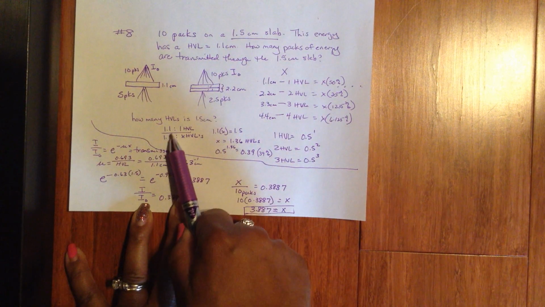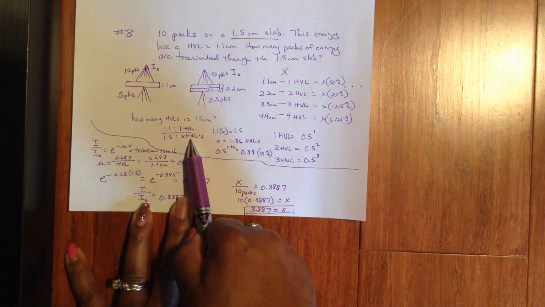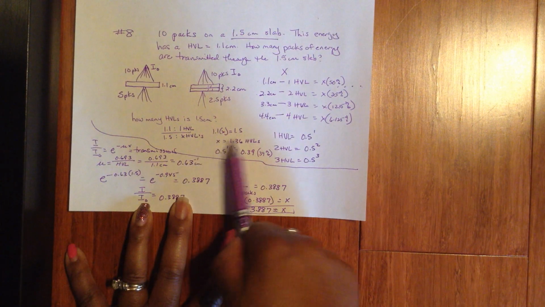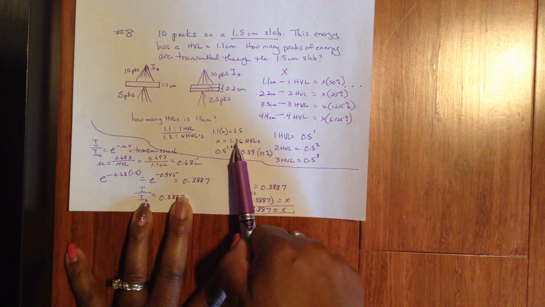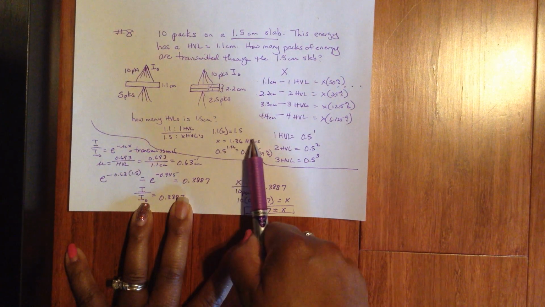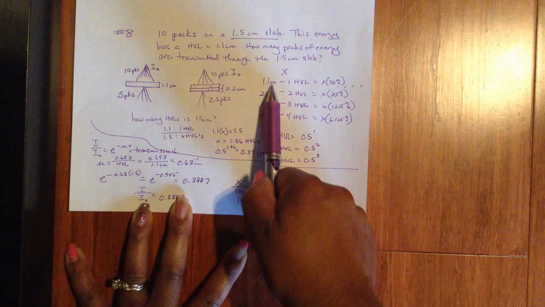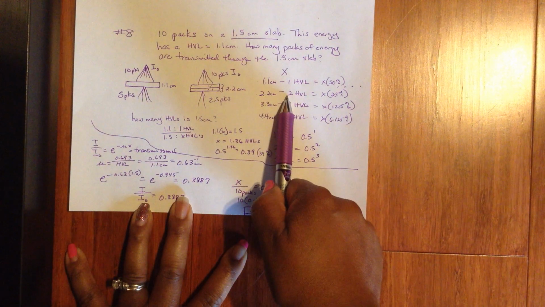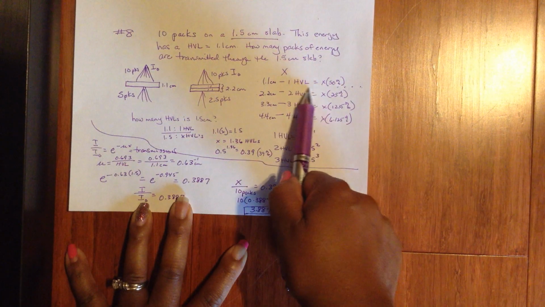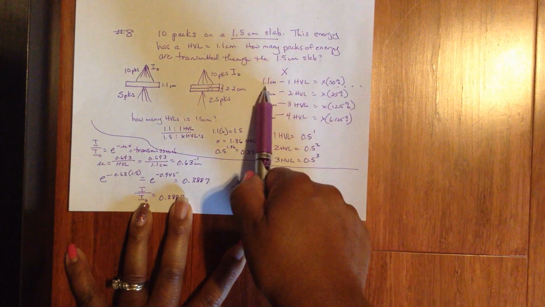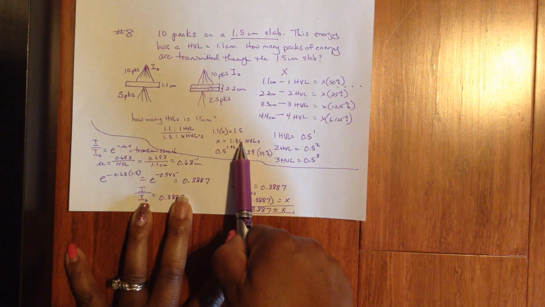So I can set this up as a direct proportion like this, and then come up with this answer where I actually have 1.36 half value layers of material. I don't have 1, I don't have 2, I have 1.36 half value layers. Now the next step here would be to understand what do I do with the 1.36?